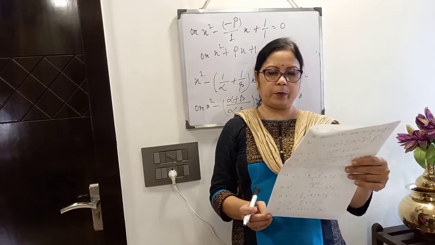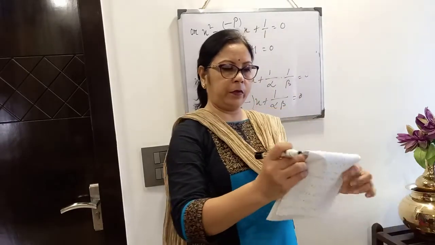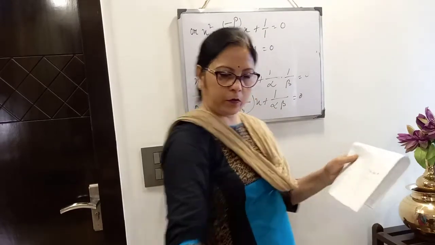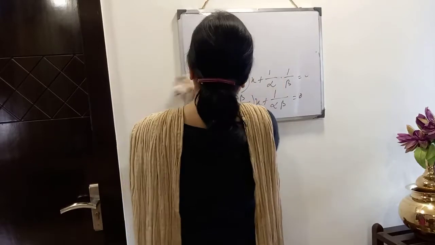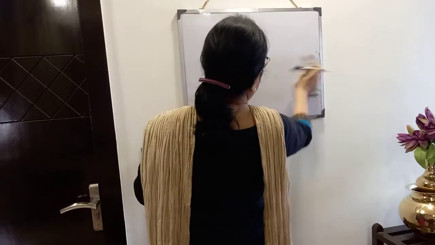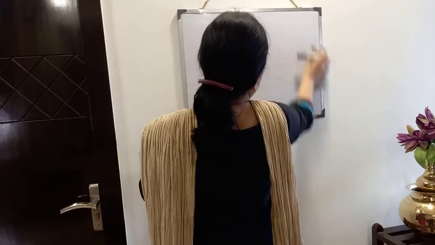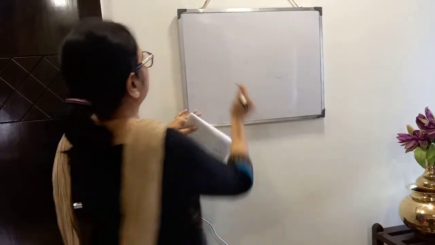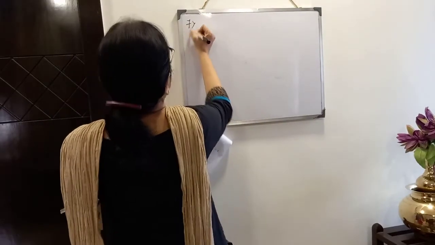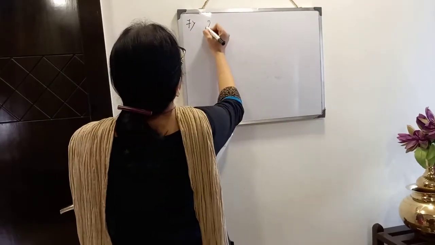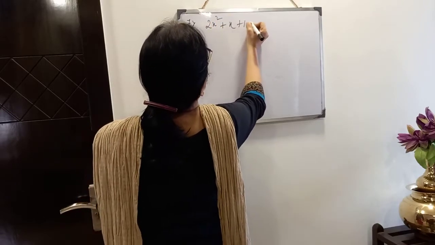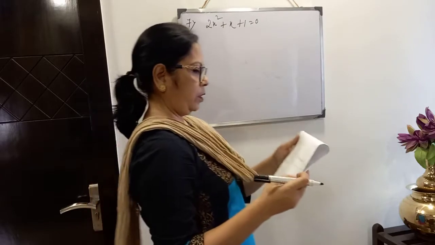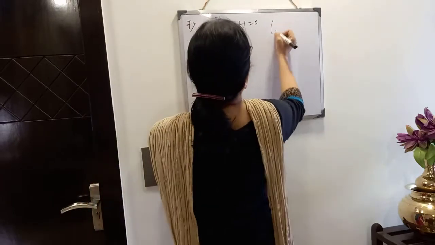If the roots of the equation, if some mistake was there in the book, I have changed that. 2x square plus x plus 1. This is the equation given. Its roots are alpha and beta, it is told.